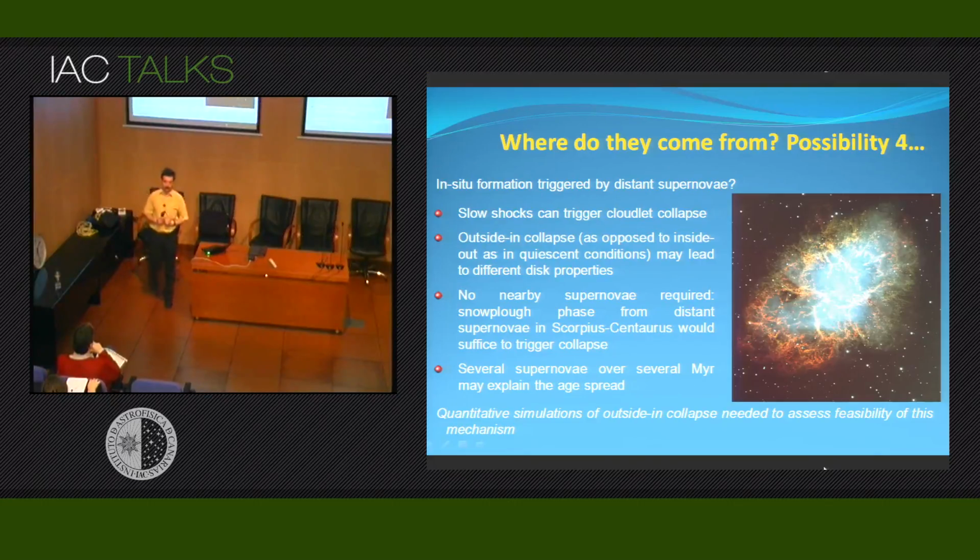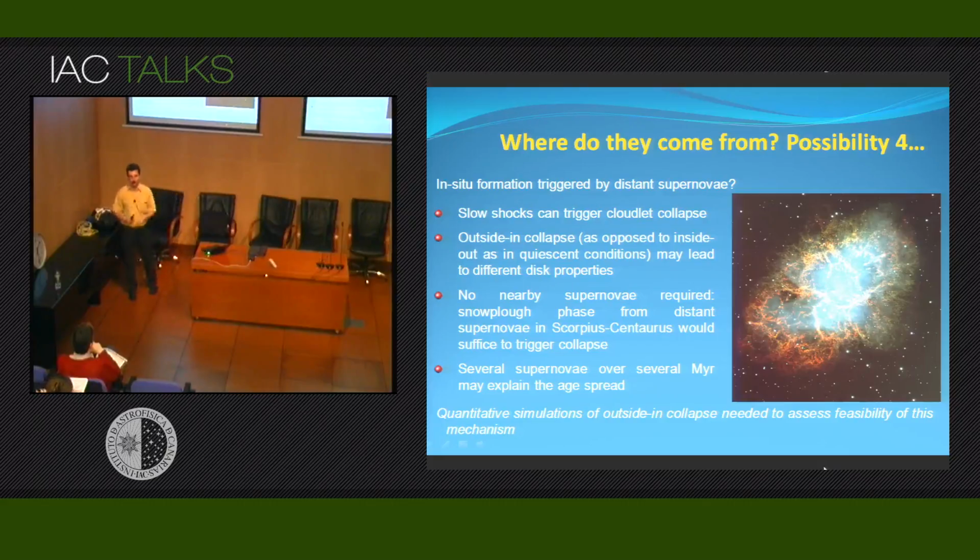And this may be why objects formed by this mechanism may be deficient in disks, at least after a few millions of years of evolution, because perhaps they didn't have them in the first place, or they had something that was much less massive than the disks that we observe around other stars that may have formed through more peaceful mechanisms.